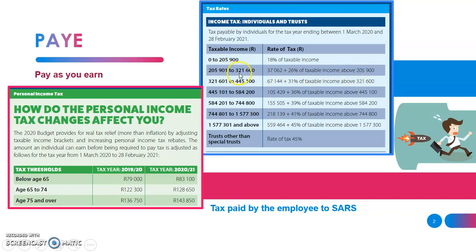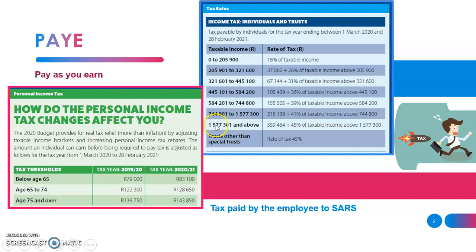So let's say you are earning 300,000, somewhere in the middle. You'll take 300 minus 205,900, and that difference that you are getting extra, you will then work out what's 26% of that, and that will be your tax. Look at the guy at the bottom. These are a lot of the rich people.